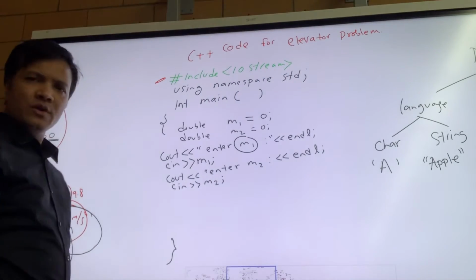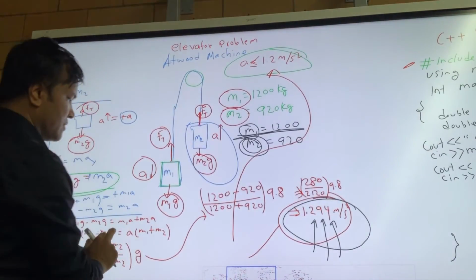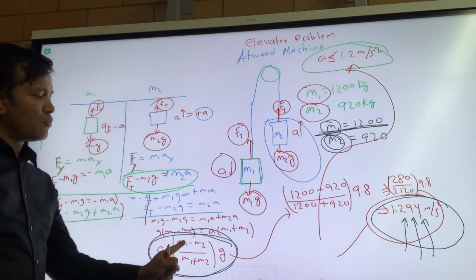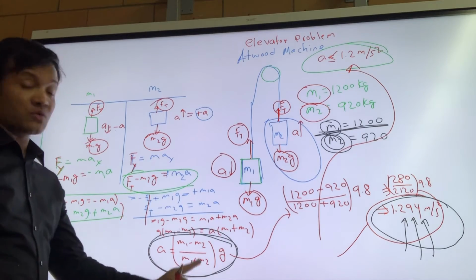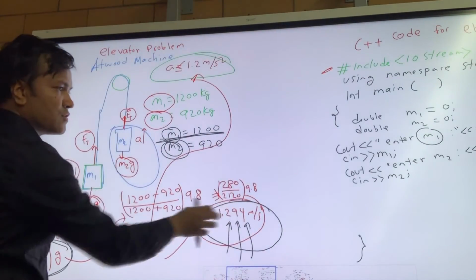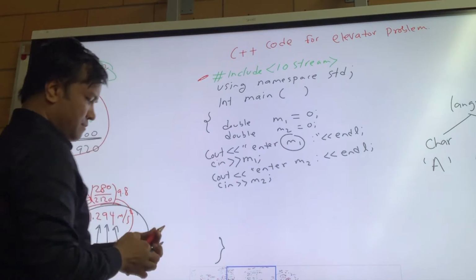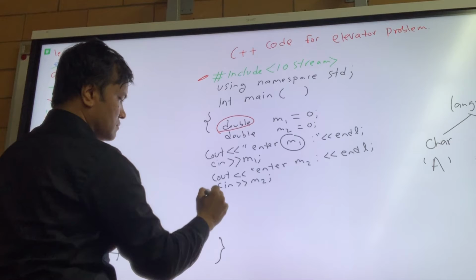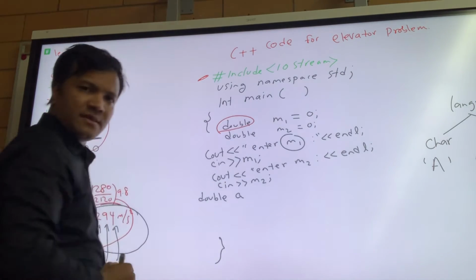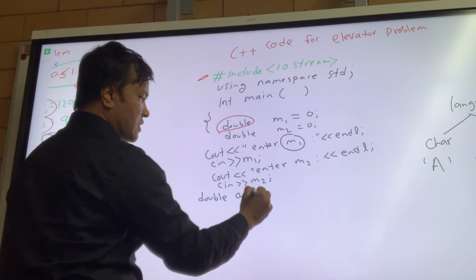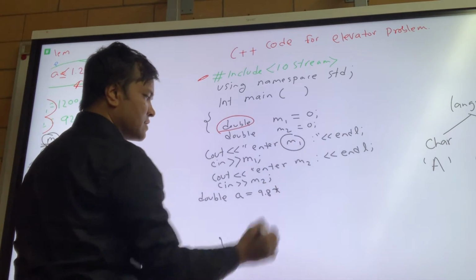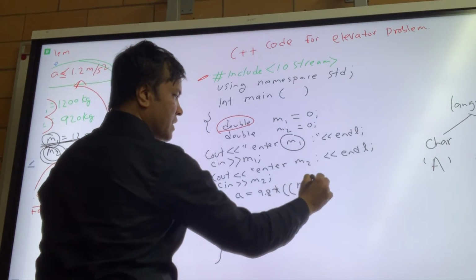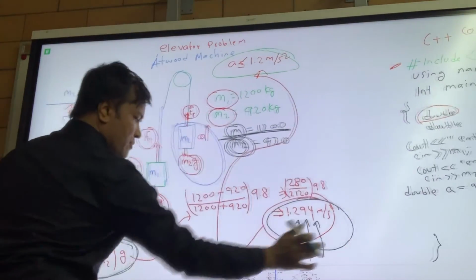Okay, now what are you going to have to do? You're going to have to write this equation. What equation do you have to write? This equation. A is equal to M1 minus M2 over M1 plus M2 times g. So that's what we're going to do now. So you're going to write double acceleration is equal to 9.8 times parenthesis M1 minus M2.